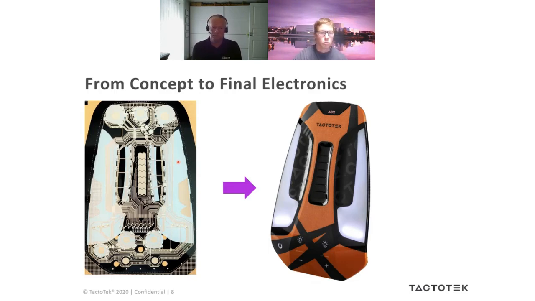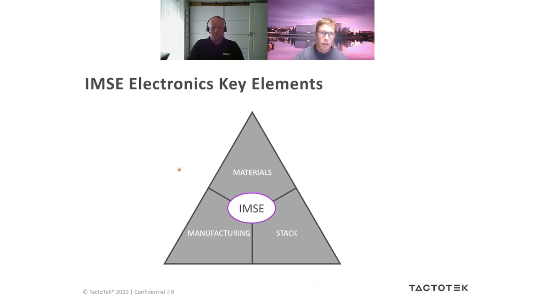And of course, those manufacturing phases have an impact on how the layout should be, so that we can do those manufacturing phases. And how do we take all of those into account in electronics design?